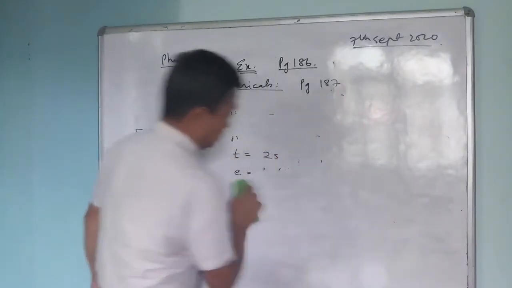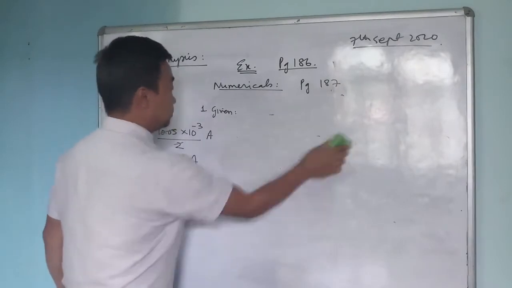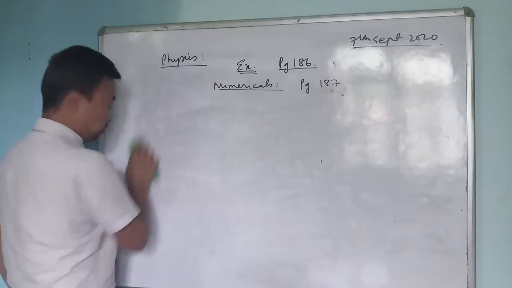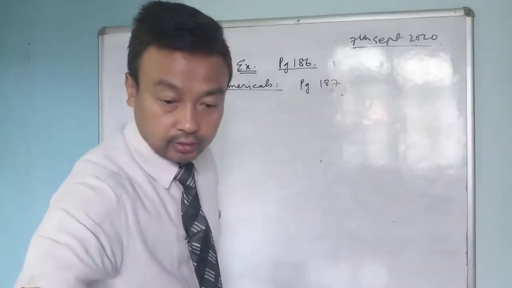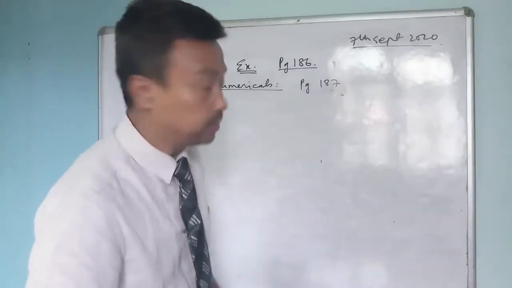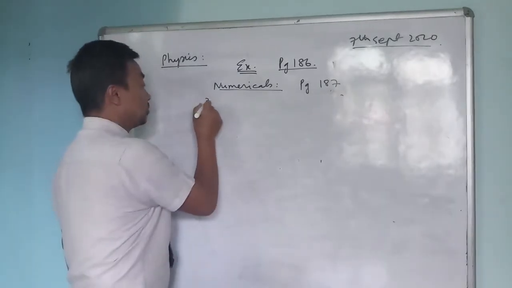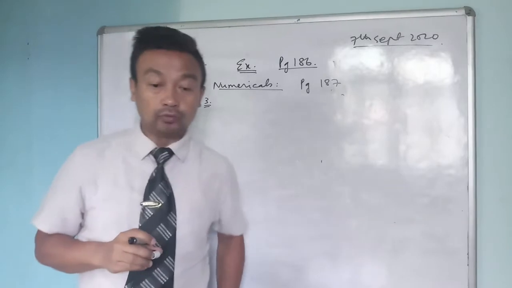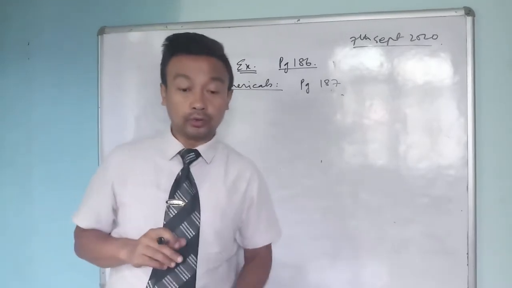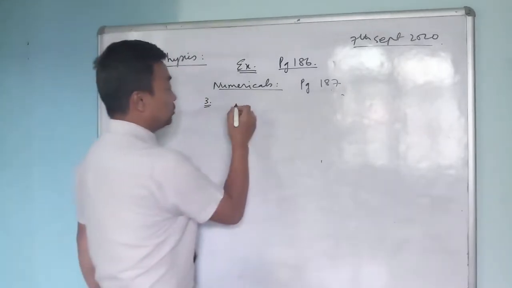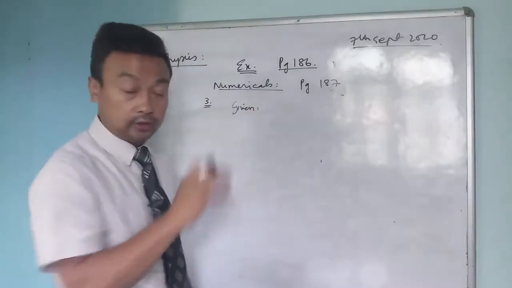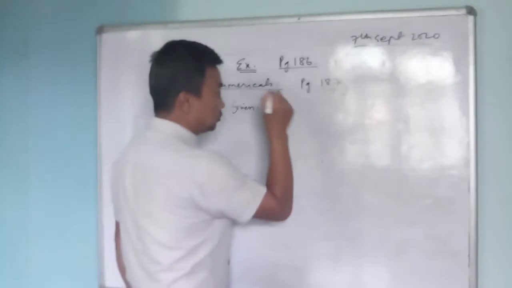Let us do one more question here. If you look at the textbook, question number 3. This is a very, very simple question. Find the potential difference required to flow a current of 200 milliampere. So given in a conductor there is a current flowing. What is the symbol of the current?